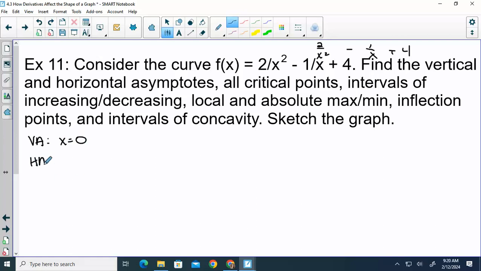Horizontal asymptote, we've done this. What did we have to do? These are the limits. That means this approaches 0 as we approach positive and negative infinity.